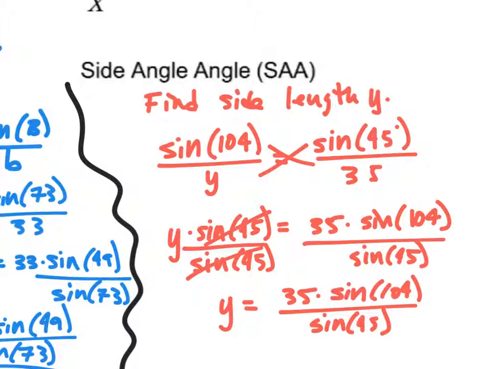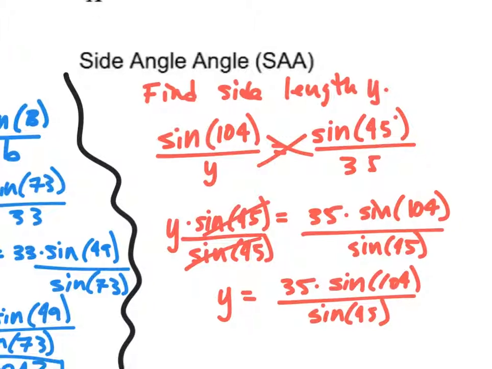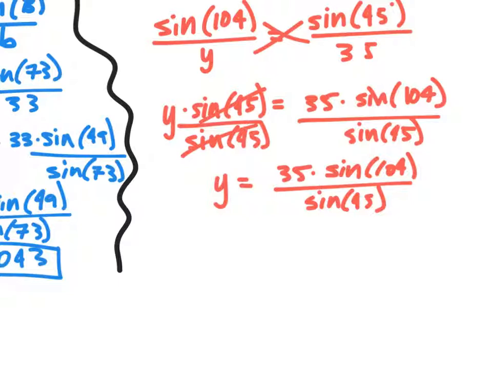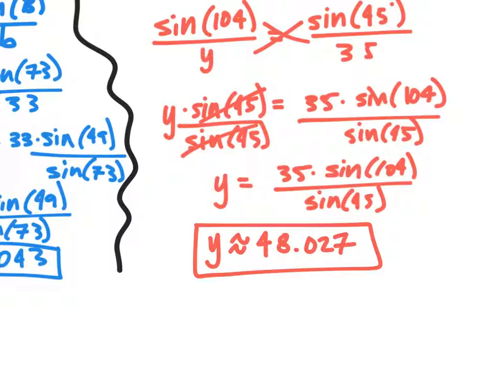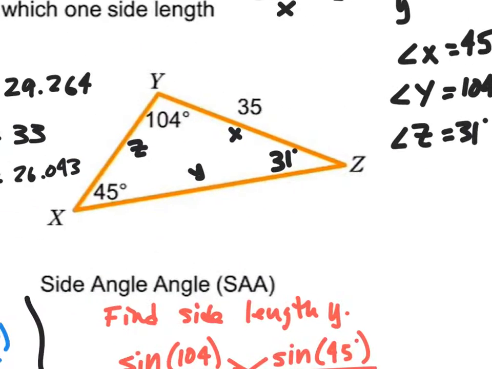Plug that into your calculator, and that's going to give us a value of Y approximately 48.027. So there's that value. We found that, so let's write that in here, 48.027.